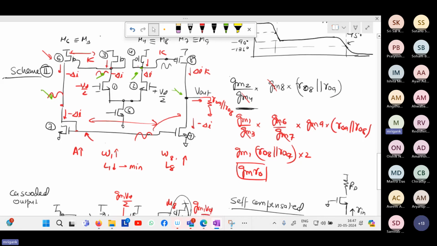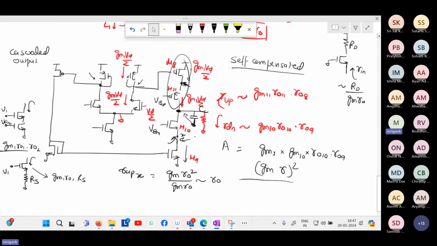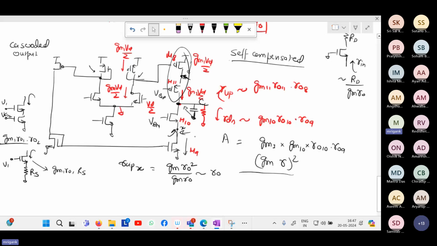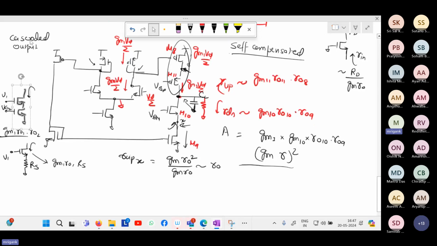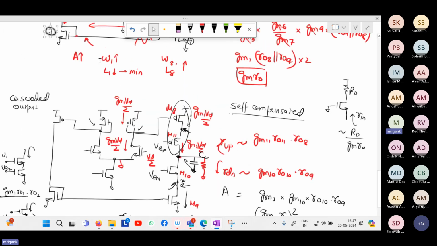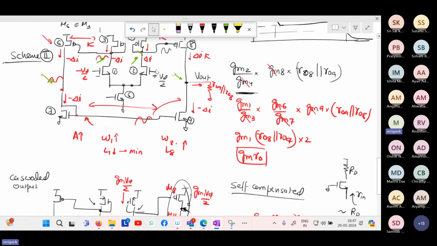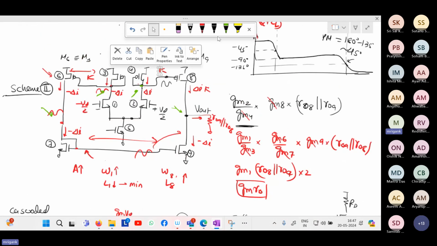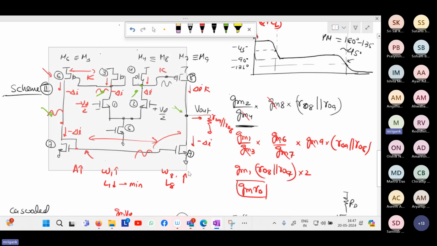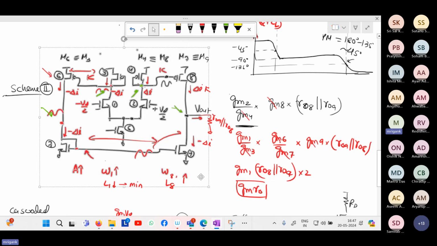Now, how to bias these two stages? That is also another question. So very quickly, before we conclude, we can discuss the biasing. Only thing is I have to delete this whole thing, or basically, copy from somewhere. Eventually it becomes very dirty after drawing, and redrawing everything again takes time.